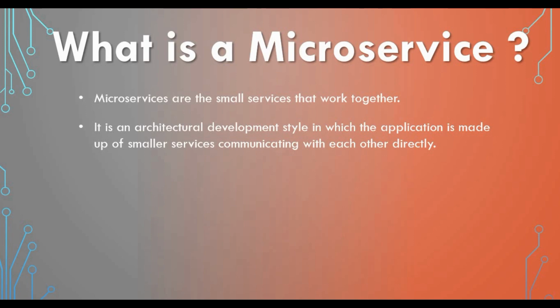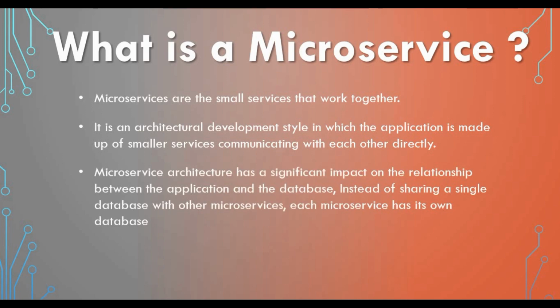So we have a monolith application, right? We are going to convert that into a microservice application. So we are going to change the style of our application, and it's made up of smaller services. Your application will be split into smaller services which will communicate with each other directly. That's the basic statement for microservice.